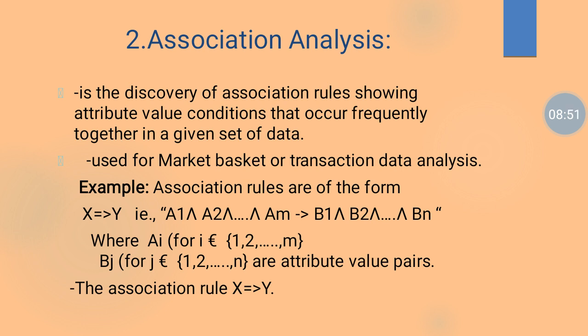So what is the meaning of this? It means the association rule X implies Y, which we form by using association analysis. X implies Y is interpreted as: the database tuples that satisfy the conditions in X are also likely to satisfy the conditions in Y. That is the meaning of this.